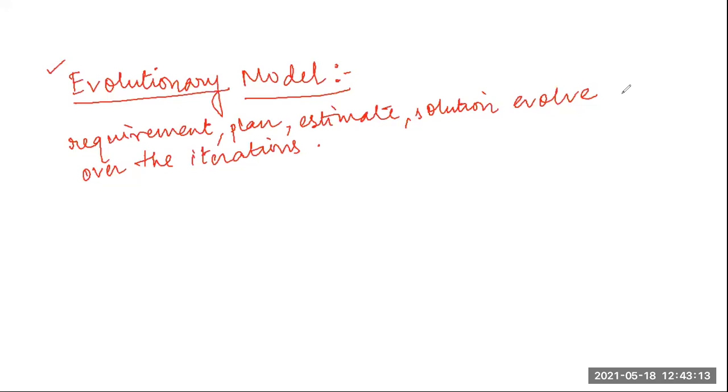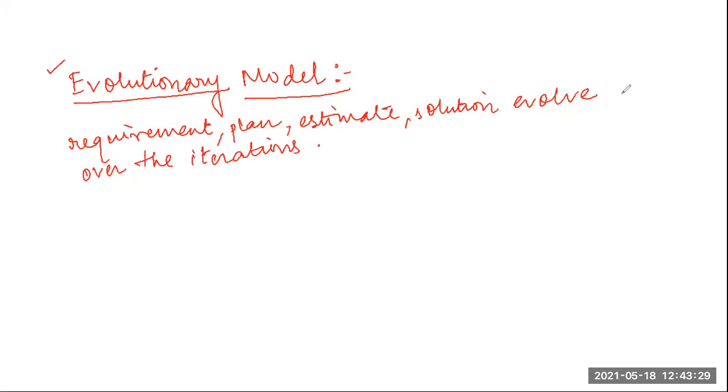So the concept is the same, like in the incremental model also. In each and every iteration, new features were added. Here also, the product will develop, it will evolve.